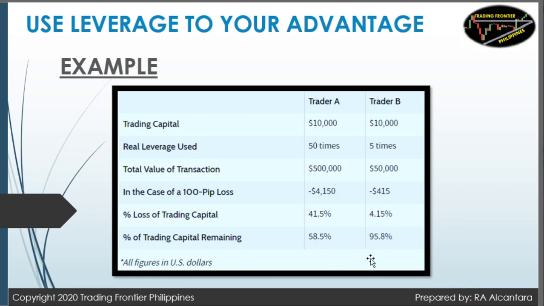Unlike trader B, who still has a high balance percentage margin remaining from his or her capital of $10,000. So that being said, he or she can still open a lot of trading positions because of the remaining trading capital percentage.